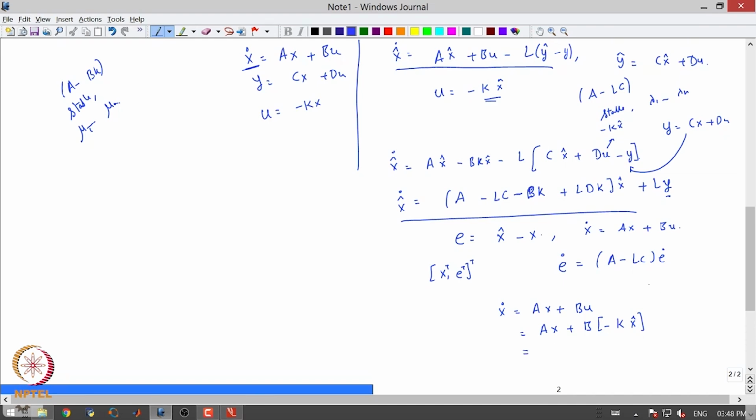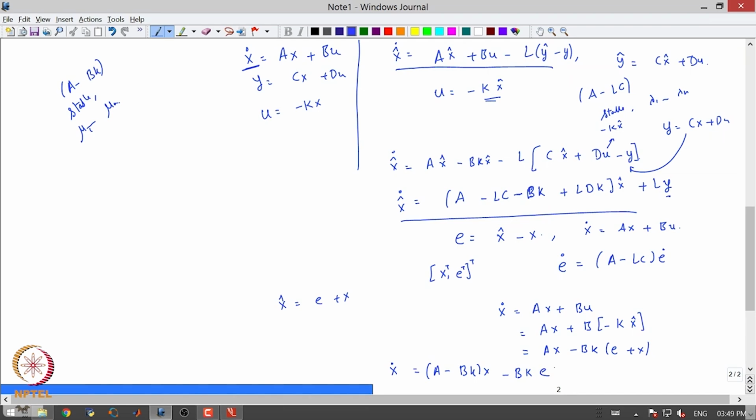So, what is x hat in terms of E? x hat is E plus x. So, I will have A x plus B times minus k E plus x. So, this is x dot is A minus B k x, and I will have a minus B k E.